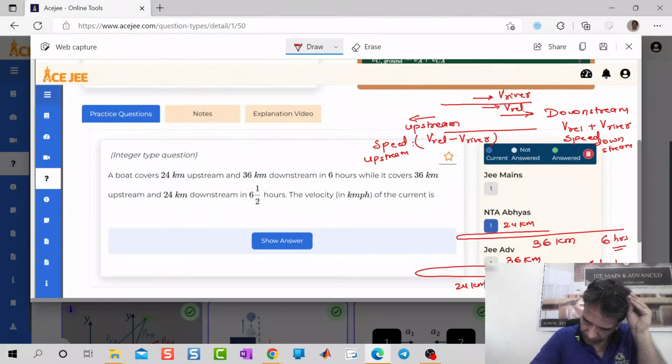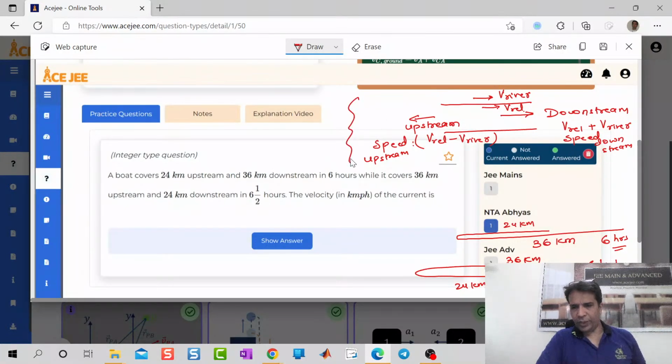Okay, ठीक है बेटा. So is this how you did it as well? Or did you just simply take velocity downstream as one variable, upstream as another variable, and then later subtract the two to get the V river?